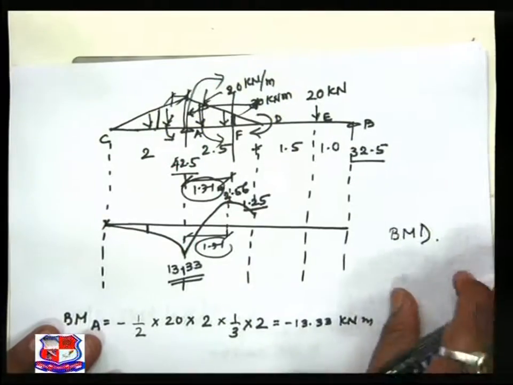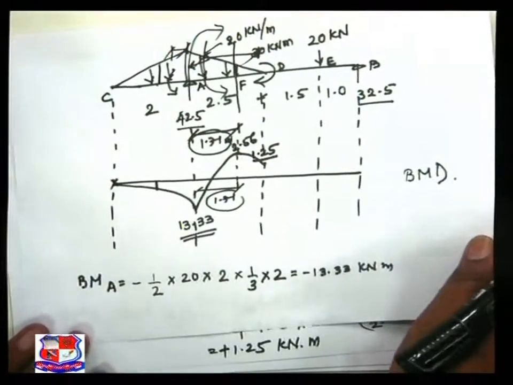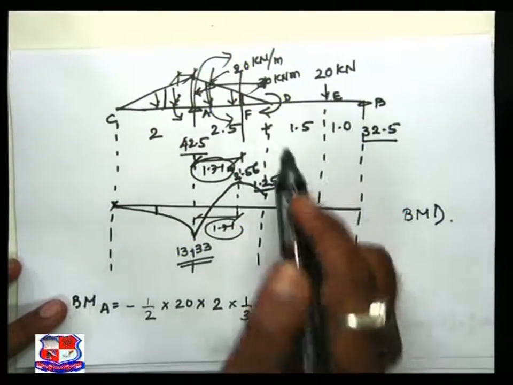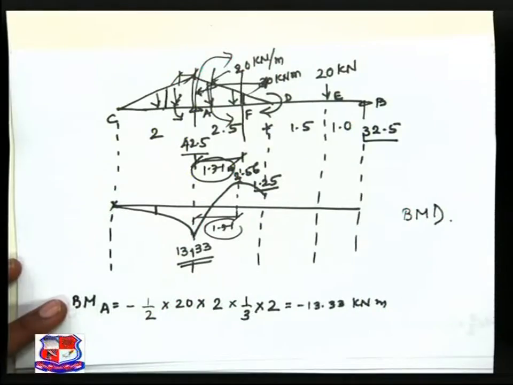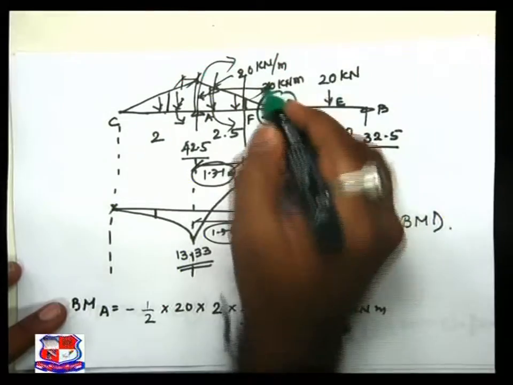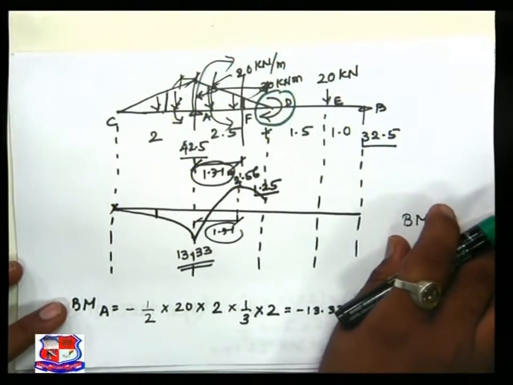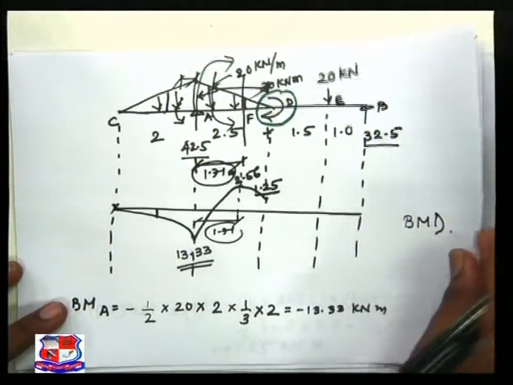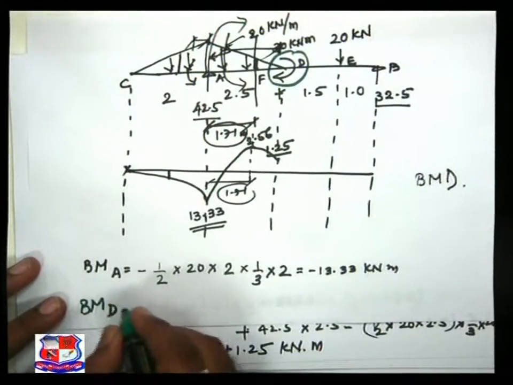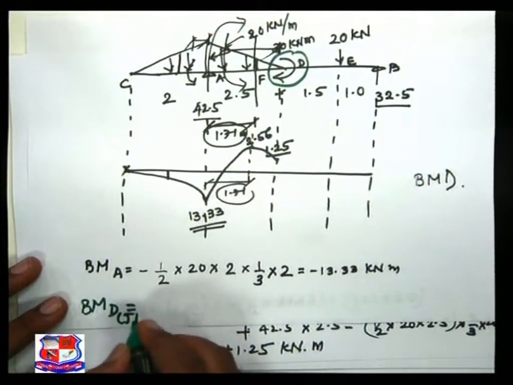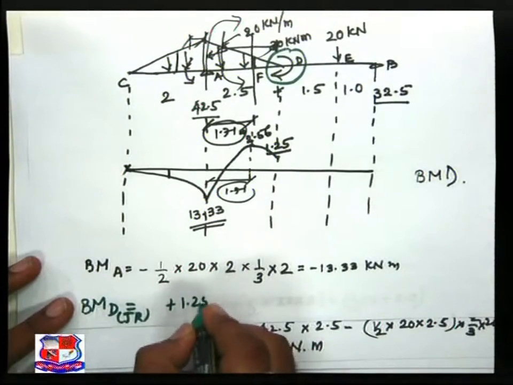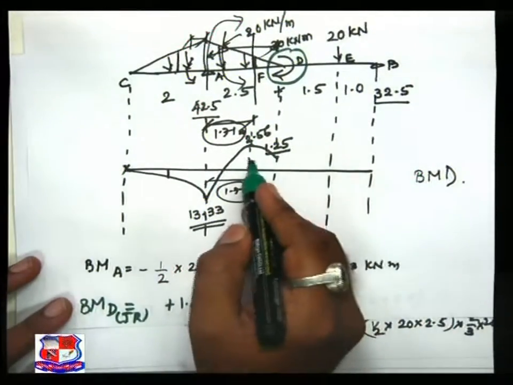Now, let us go to the bending moment at point D just right, because at point D a concentrated moment is acting. Refer, concentrated moment is acting at D. So, bending moment at D just right is equal to, now we have a value of plus 1.25 at D just left.